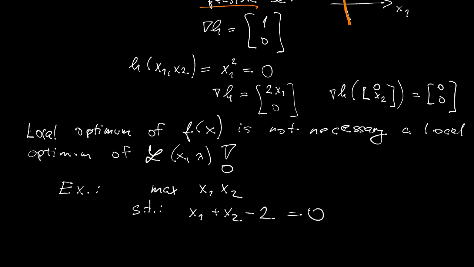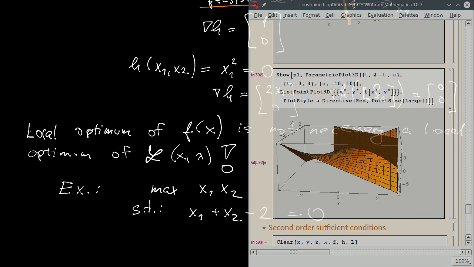I'll leave it up to you to form the Lagrangian, find the first order necessary conditions, and see that the constrained problem does have a maximum. We will only discuss the second order sufficient conditions of optimality for constrained problems in the next lecture, but this time you can just have a look at how this looks in a graph. So this is it.